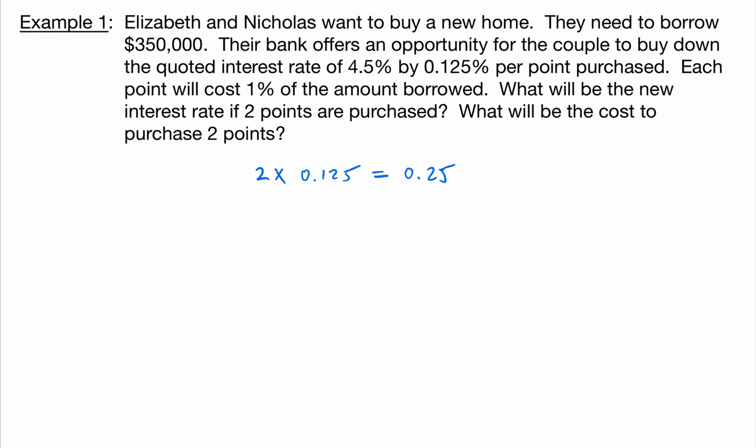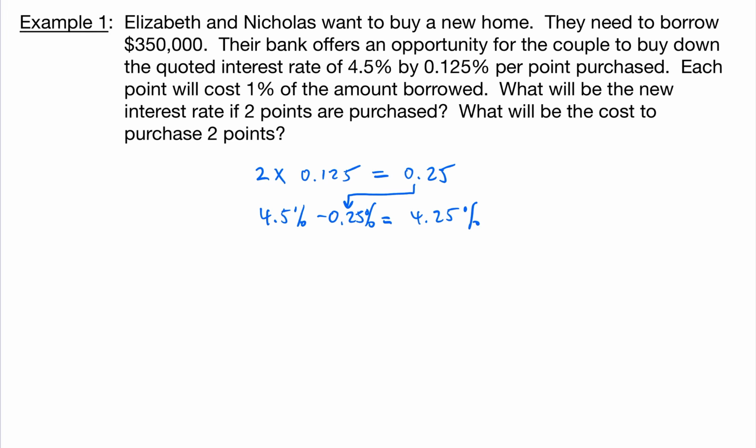And so we'll take the original 4.5% and subtract 0.25%, and that works out to 4.25%. So essentially buying 2 points will lower the interest rate from 4.5% to 4.25%.